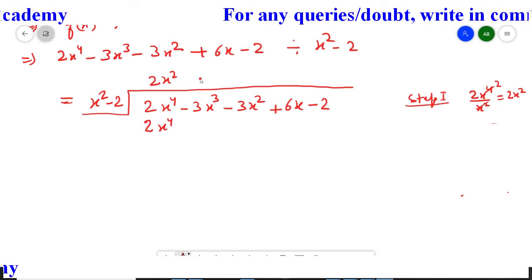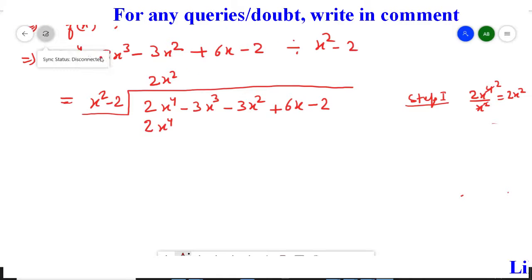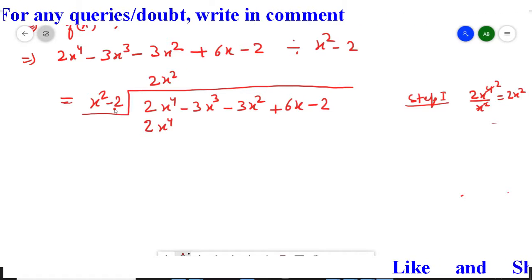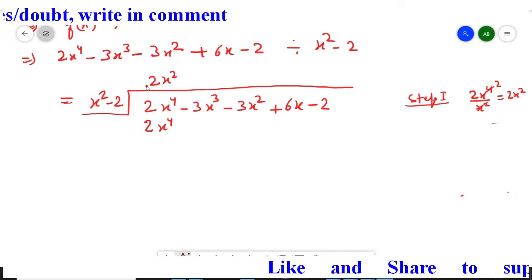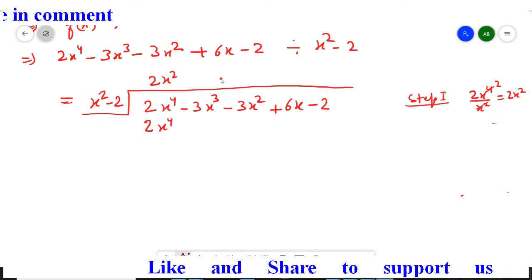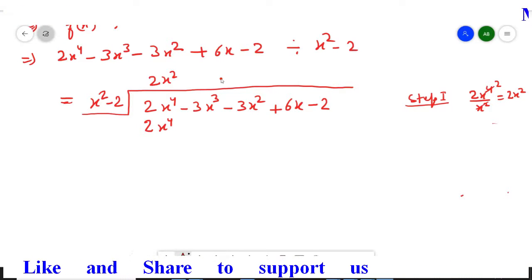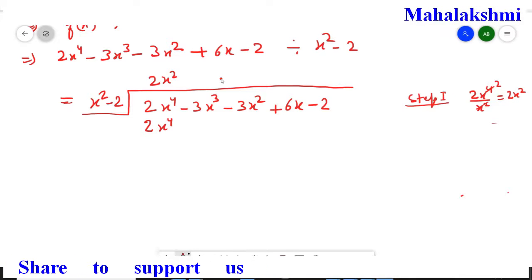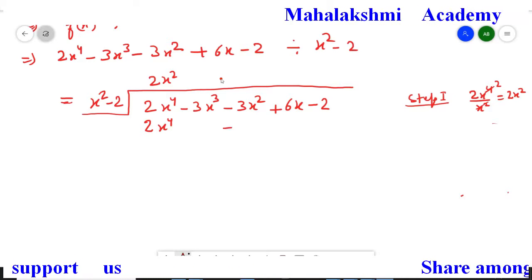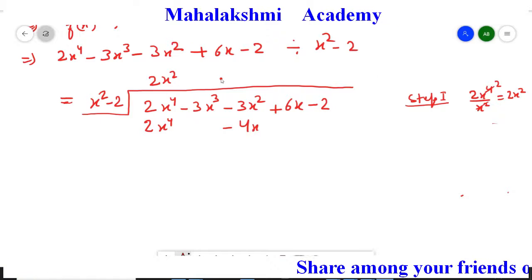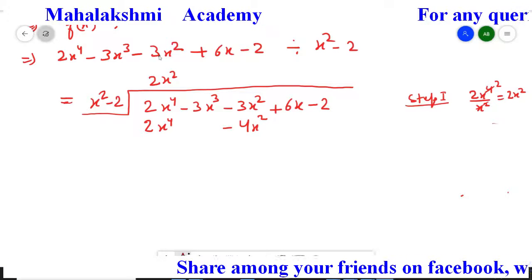In the same way, 2x square multiplied by minus 2 will give us minus 4x square. Since it's an x square term, leave this cube term and write it under the x square term. I hope it's clear to you.